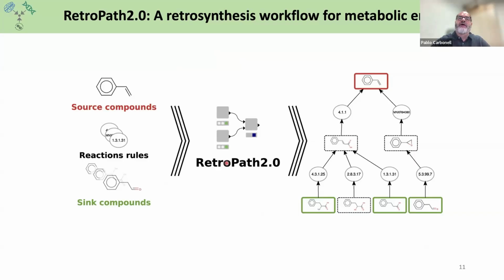And for that, RetroPath applies these reaction rules that I mentioned before, looking for pathways in a retrograde way that can connect this compound with what we call the sink compounds, that are the compounds or metabolites available in the metabolic network of your host organism. For instance, it could be a bacterium like E. coli or Saccharomyces, a yeast. So this is what we call a retrosynthesis.